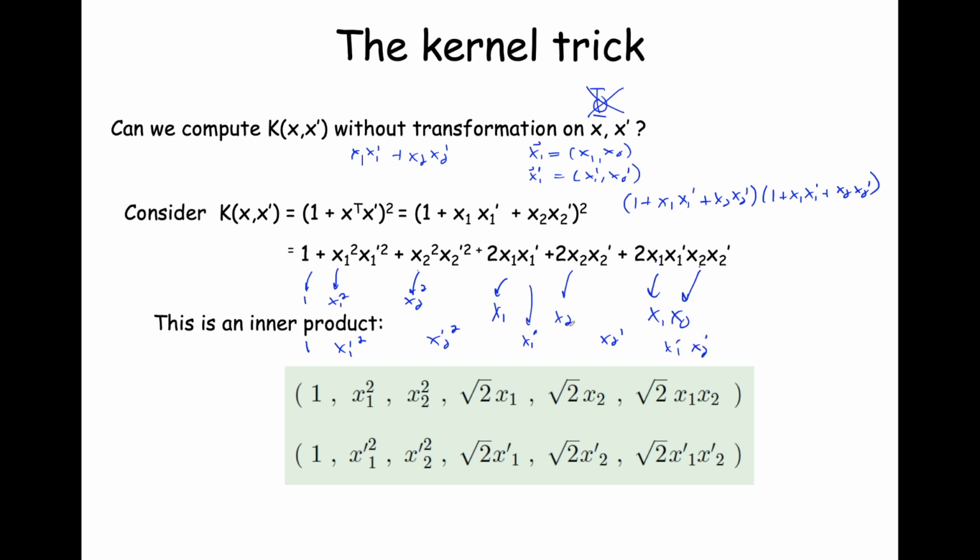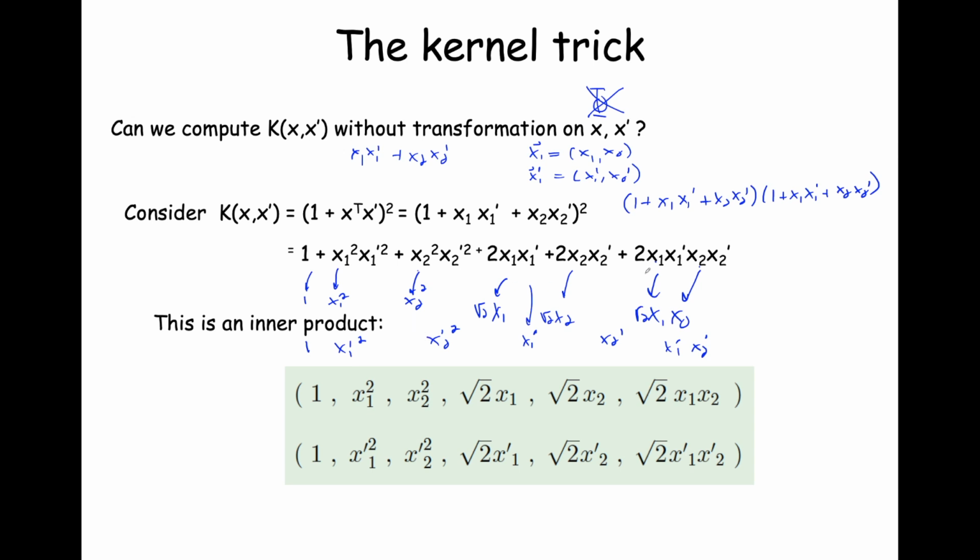Now, the pesky thing about this is these coefficients, 2. Something times itself equal to 2 is nothing more than square root of 2. So we can include a square root of 2 on each of those terms, in the prime version as well as in the non-prime version. So what does that look like?